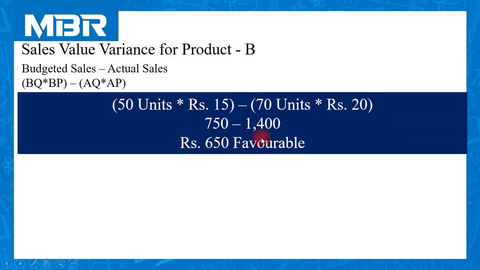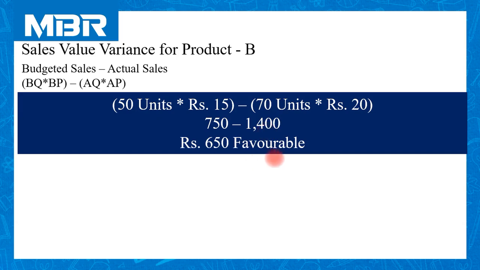Let us insert the values in the formula. Budgeted quantity as per our calculation 50 units. Budgeted price as given by the examiner in the question 15 rupees. Actual quantity 70 units and actual price rupees 20. So 750 minus 1400.